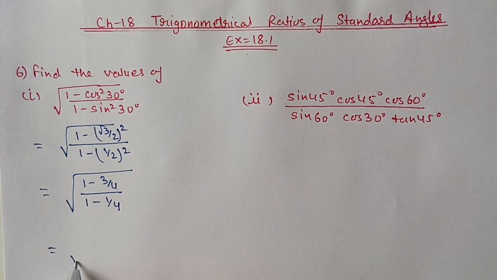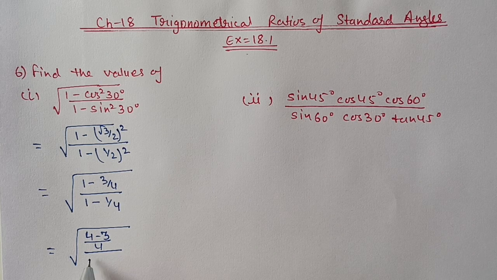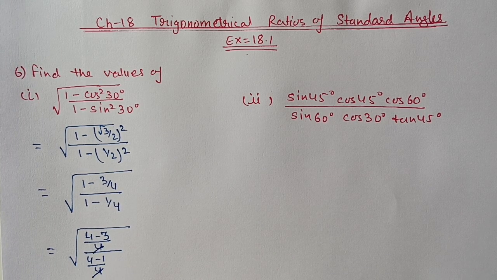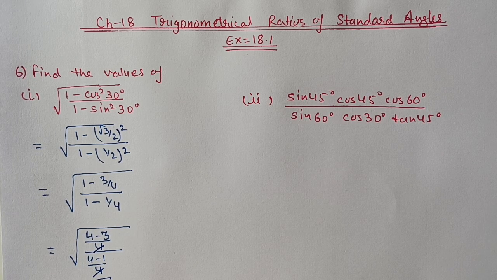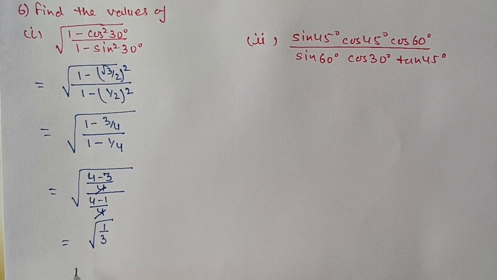Take LCM in the numerator. After taking LCM you will get 4 minus 3 upon 4, and in the denominator 4 minus 1 upon 4. So this by 4 you can cancel out. Here you will get root of 1 by 3, or you can write it as 1 upon root 3.